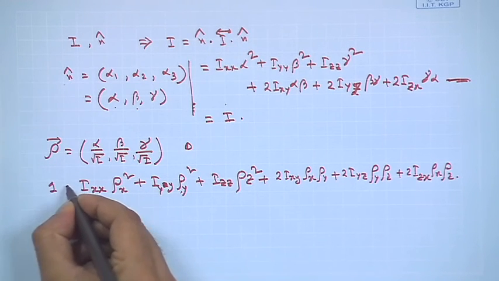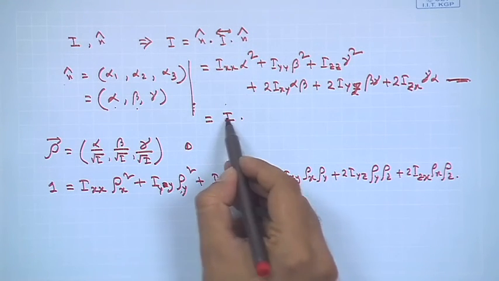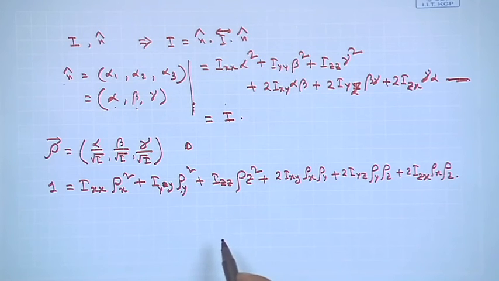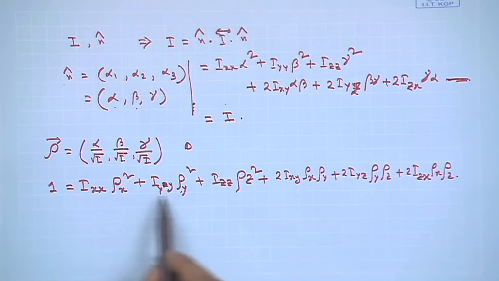This whole thing is equal to 1 because we have taken this I to the other side, right.